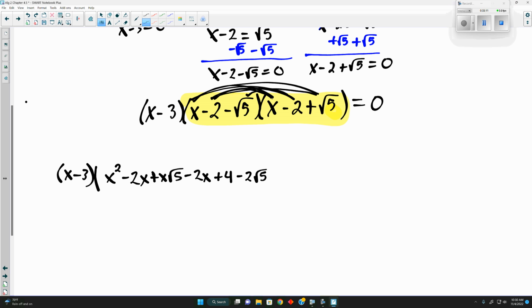Then we do it with negative square root of 5 times x, which is negative x square root of 5. Negative square root of 5 times negative 2 is plus 2 square root of 5. And lastly, negative square root of 5 times square root of 5. Well, square root and square, we'd have 5 times 5, which is 25. Square root of 25 is 5. So we just took each one and multiplied through.